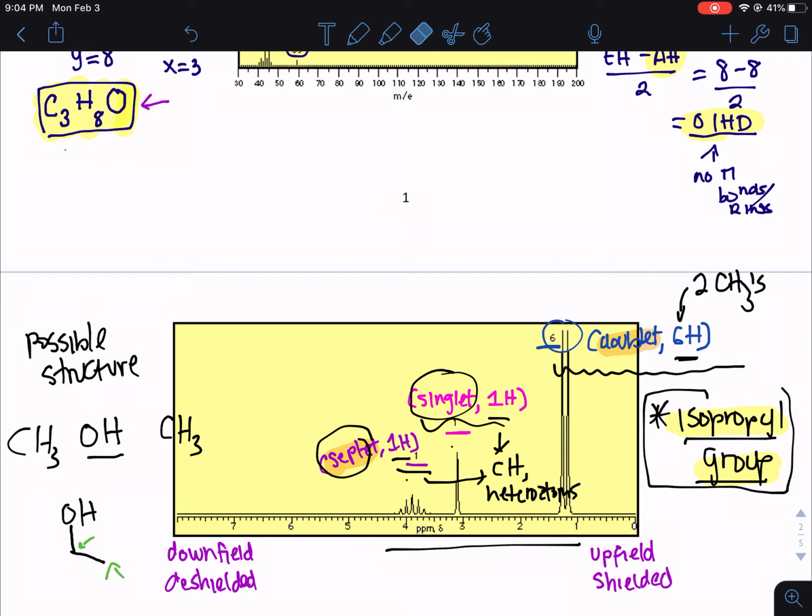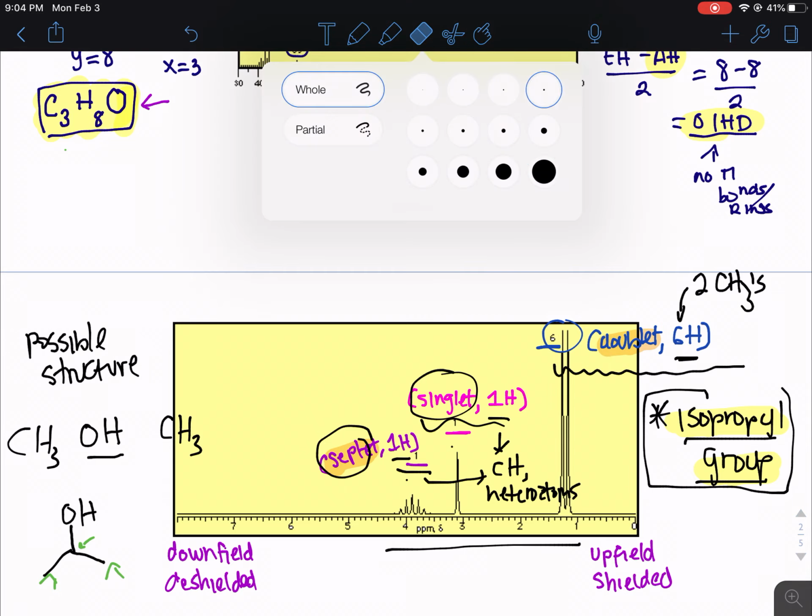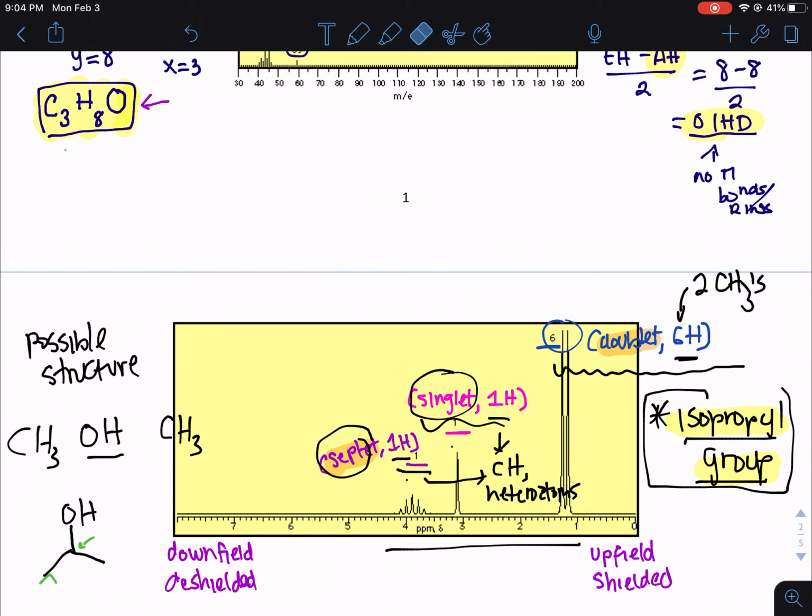And oh, I'm so sorry, that just erased everything. Let me decrease the size of the eraser. Okay, so if we also look, it says that we should have 1 oxygen. We do have 1 oxygen. And hydrogen, instead of counting individual ones, we determine that through our IHD, right?